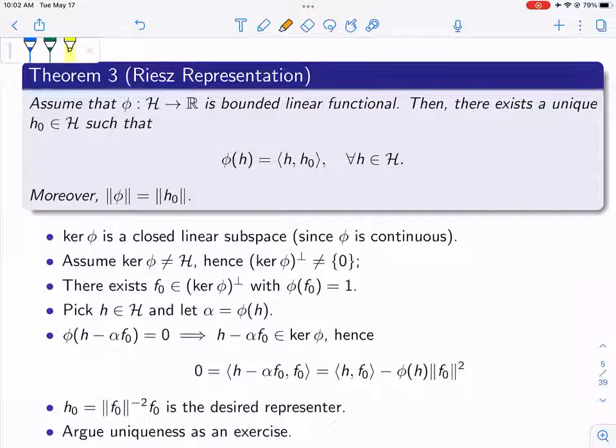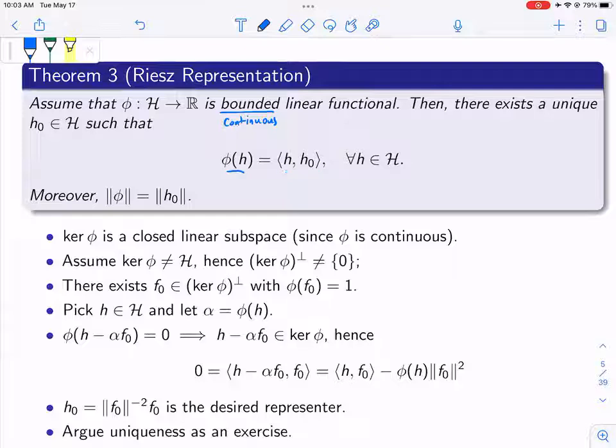Now we get to this interesting result that says that if I have a bounded linear functional, or equivalently a continuous linear functional on a Hilbert space, then there exists a unique H naught in the Hilbert space such that phi of H is the inner product of H and H naught for every H. And the norm of phi would be the norm of H naught.